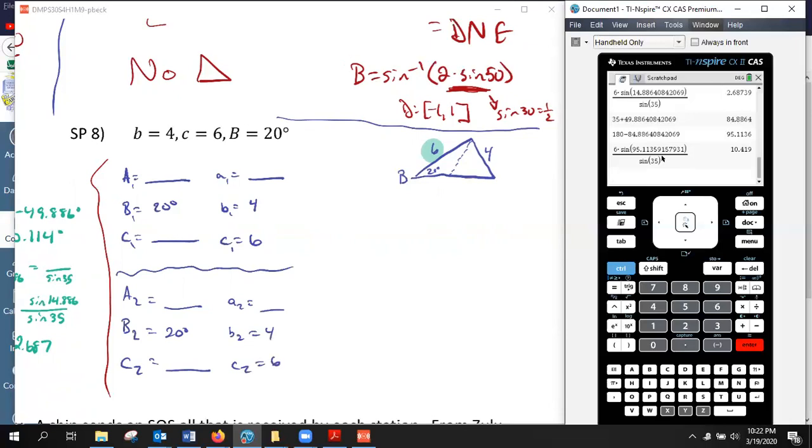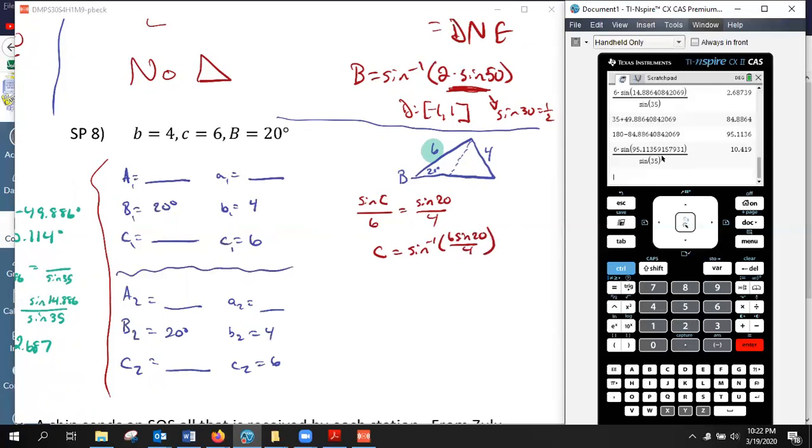All right, so change colors. My first thing I need to do is find angle C. So sine of C over 6 will equal the sine of 20 over 4. So C is going to be the inverse sine of 6 sine 20 over 4.